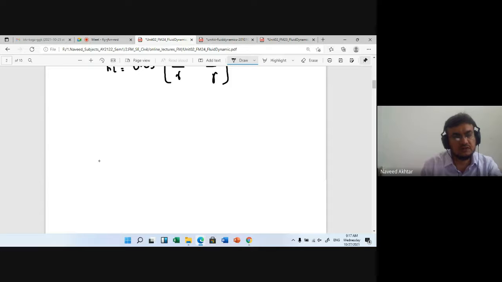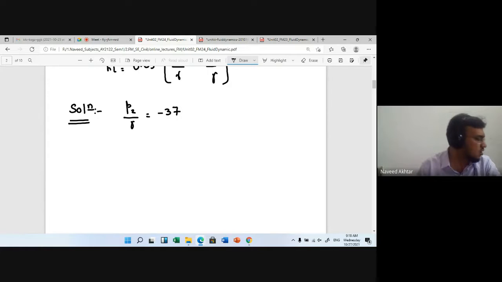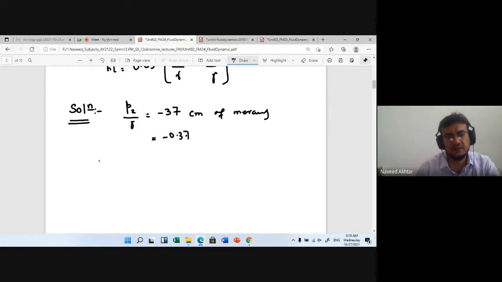So we will start solving. P2 upon gamma is nothing but minus 37 centimeter of mercury. It can be written as minus 0.37 meter of mercury into the specific gravity of mercury, 13.6.